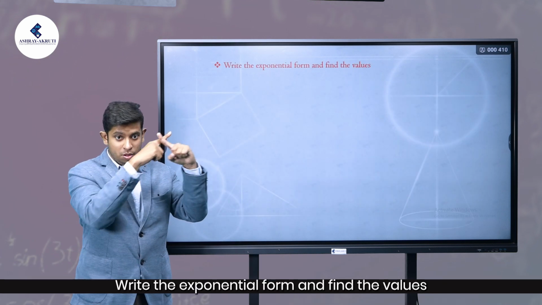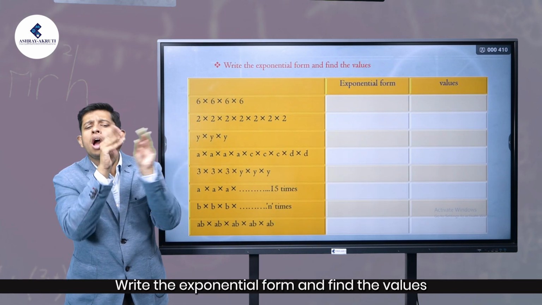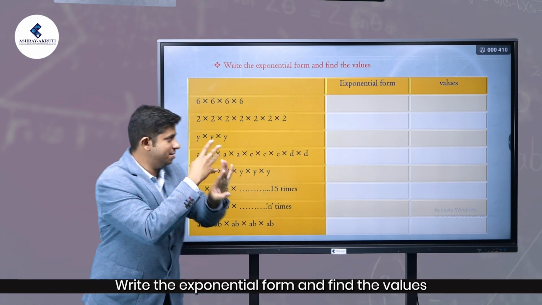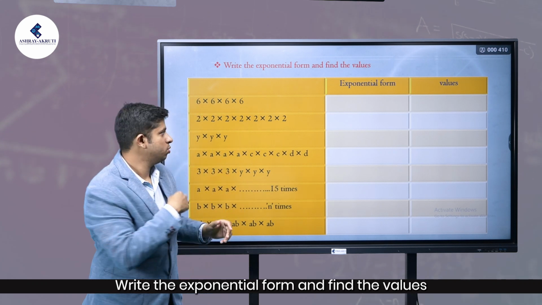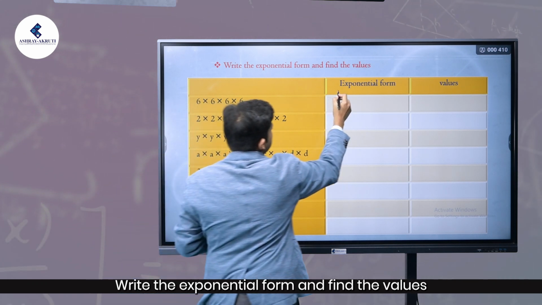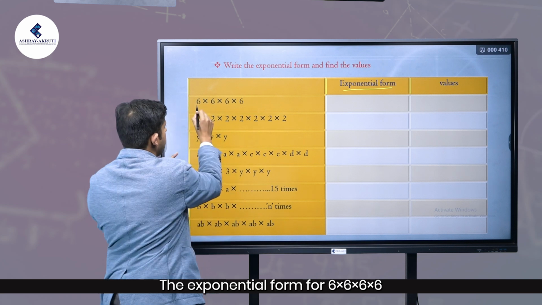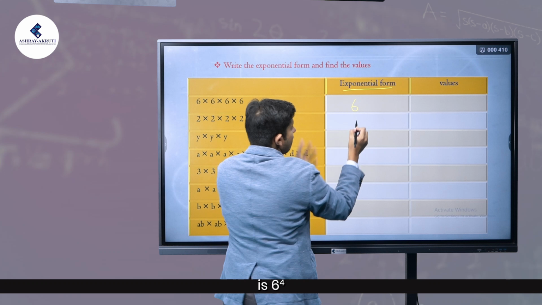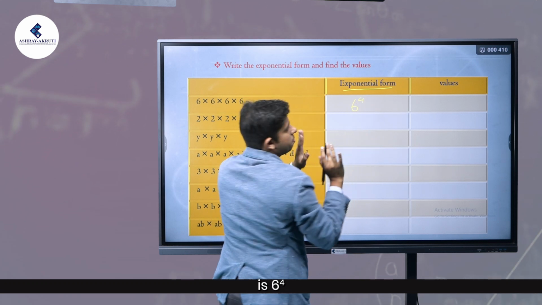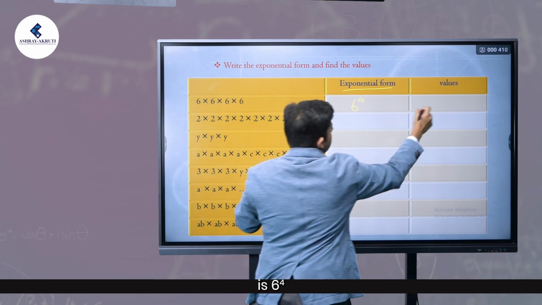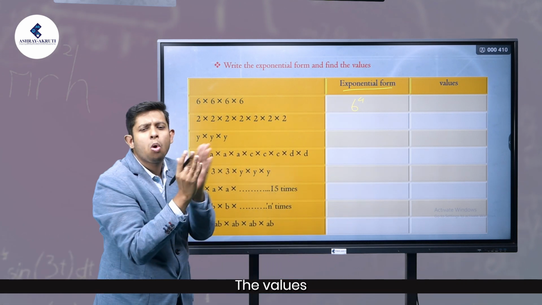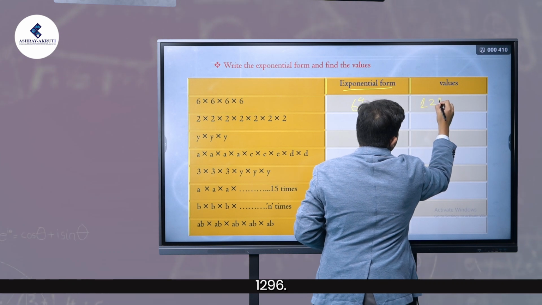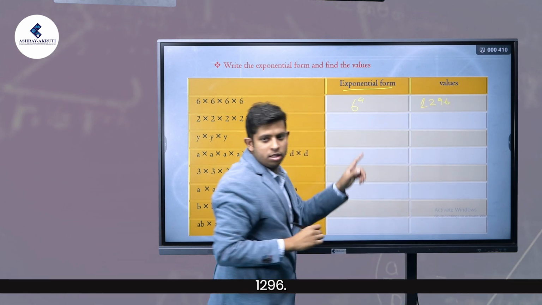Write the exponential form and find the values. The exponential form for 6 into 6 into 6 into 6 is 6 to the power of 4. The value for 6 to the power of 4 is 1296.